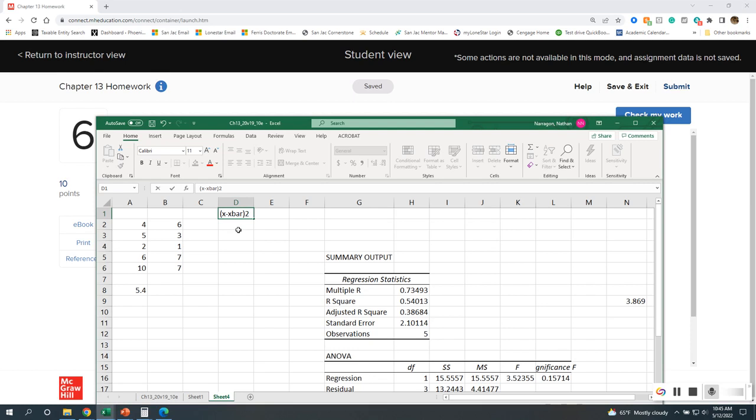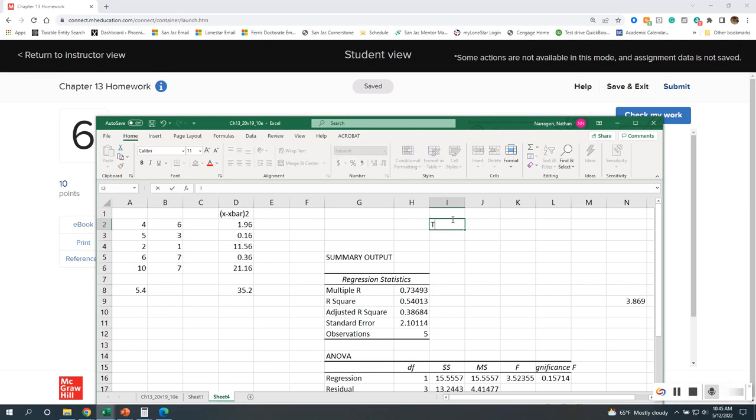So this is going to equal power of this minus x bar, which is 5.4, comma 2. Okay, then we figure out the sum. So that's 35.2. Okay, so time to start putting in the formula.